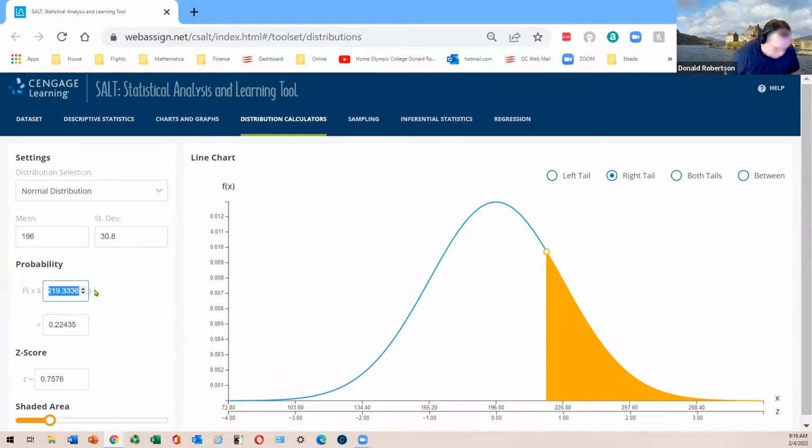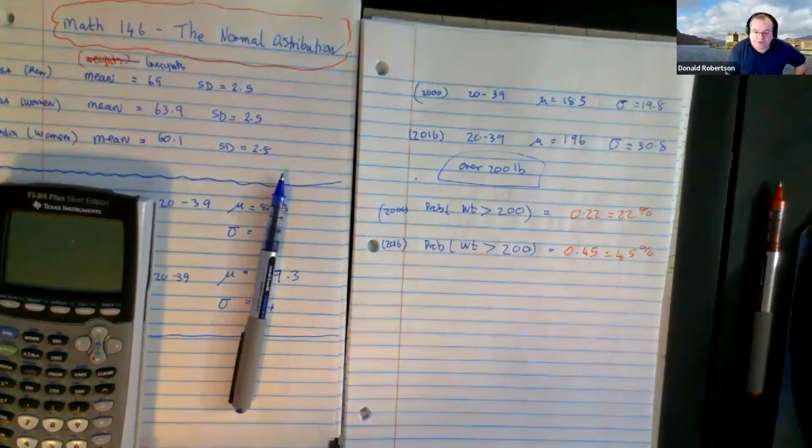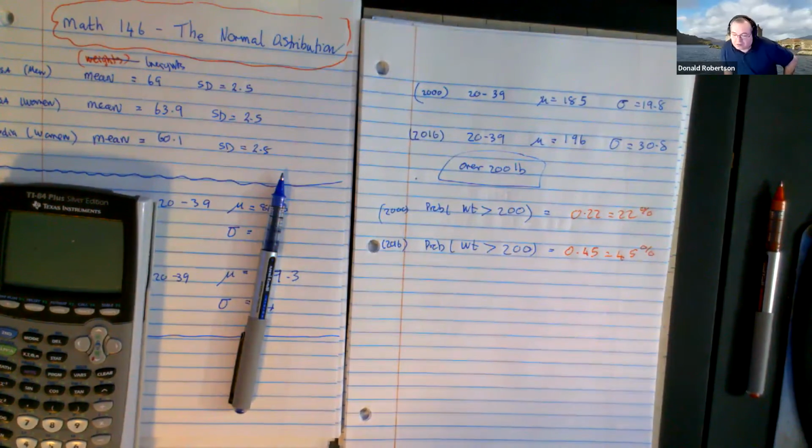And we want to know the percentage over 200, and the answer, by just sheer fluke, I did not pick this, is now 45%. So it's slightly under half of American males, according to my description of overweight, which is more than 200 pounds.